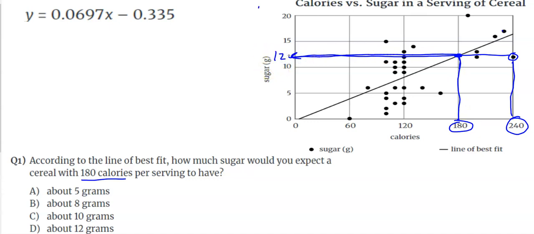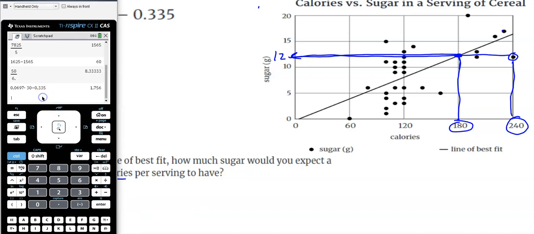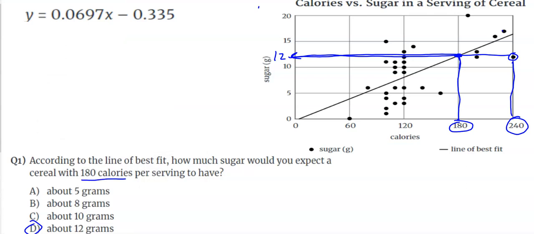I think about 12 would be a good answer. If you want to do that more exactly, you could use the calculator, and instead of plugging in 30, I would plug in 180 and get 12.211. Again, we're just plugging in a value for X. These are our X values, or our calories, and we're predicting the Y values.